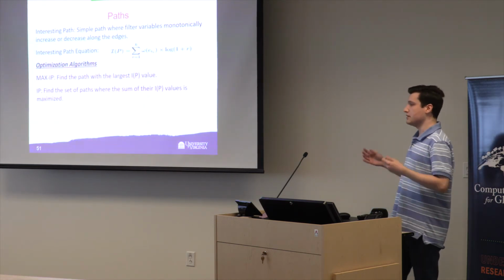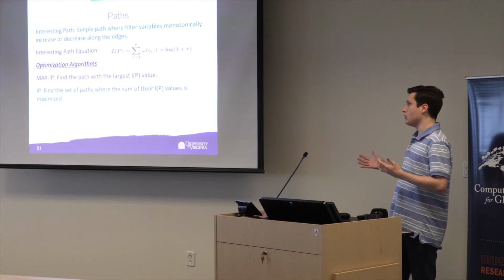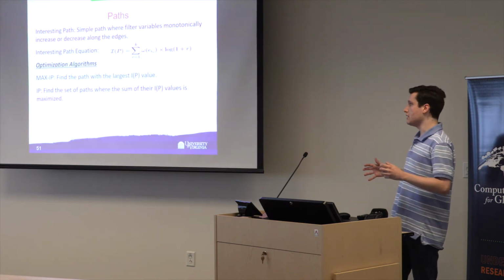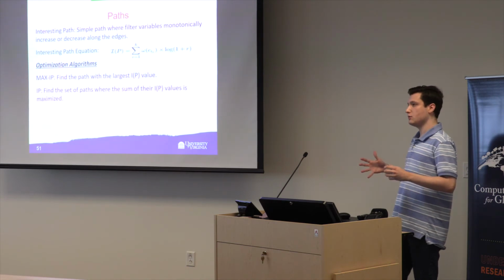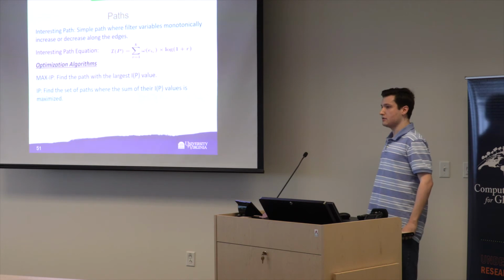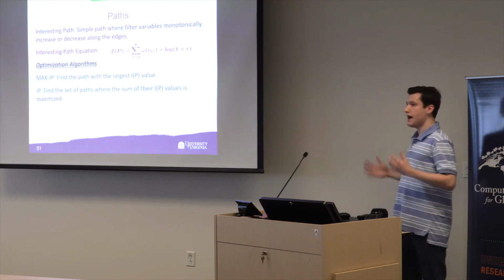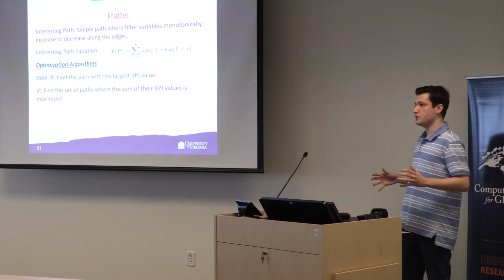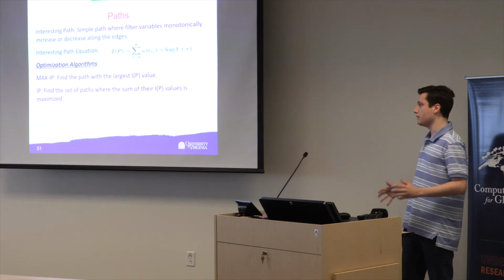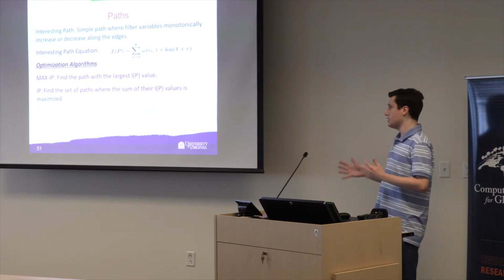Then we have this interesting path equation, which applies for interesting paths and is non-linearly based off of the edge weights, which relate to the output variable. That constitutes an interesting path. So how can we find the most interesting paths in our graph? There are different optimization algorithms.